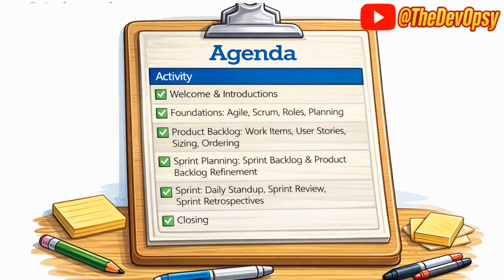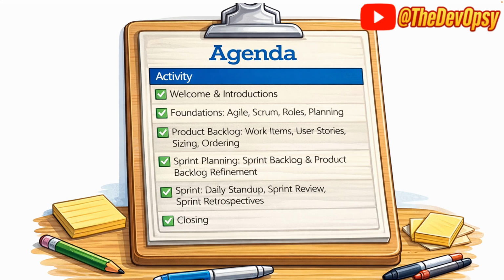Anyway, coming back to the agenda. What are we going to do today? We already did the welcomes and introductions. We'll talk about foundations, Agile, Scrum roles, and planning. How do we do that? How do we create the product backlog? What is the product backlog? What are work items, user stories? How do we size them? How do we order them? How do we do sprint planning? I will explain what a sprint is as well before going to that.